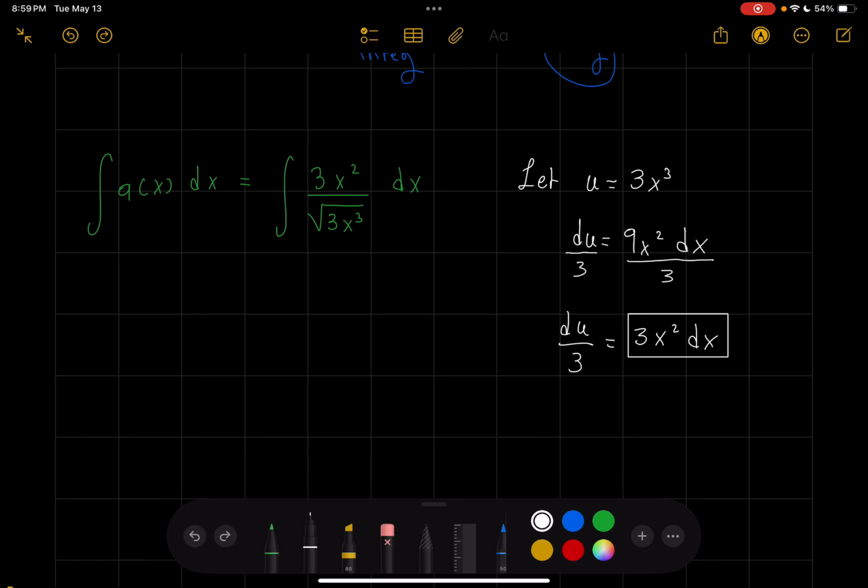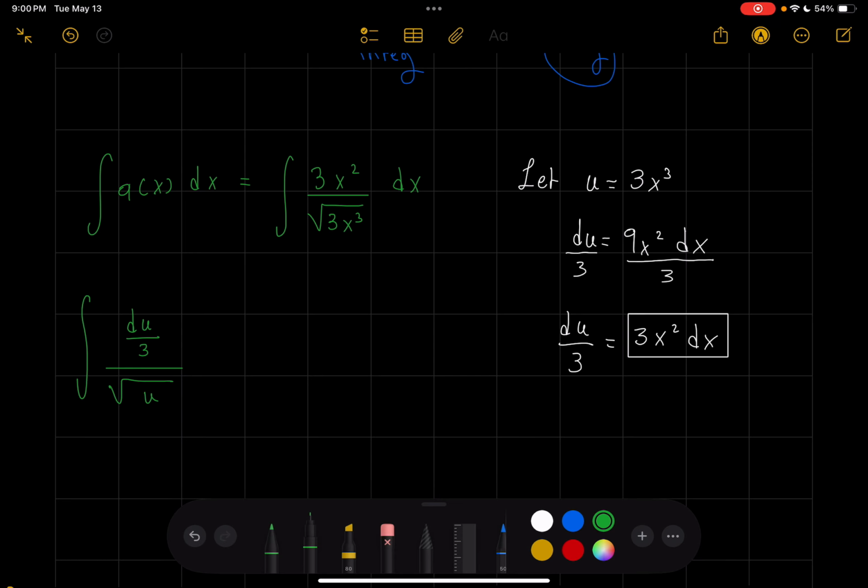So the whole entire numerator is going to be replaced with du over 3, and inside of the square root, it's going to be replaced with u. So the integration is going to be, instead of 3x squared dx, I'm going to write du over 3 over the square root of u.